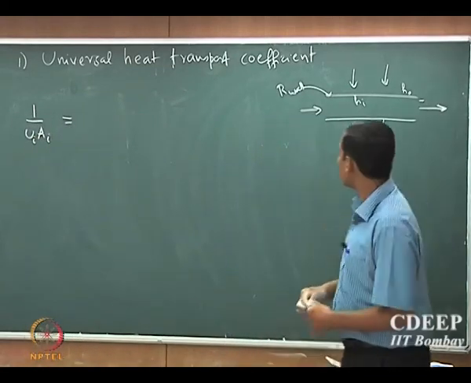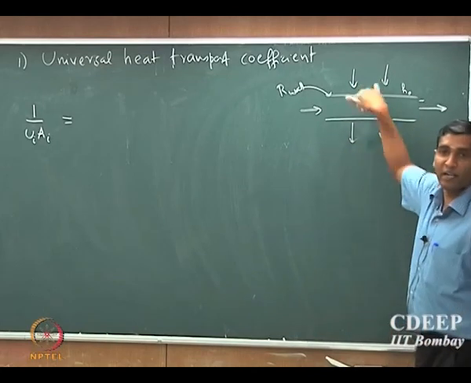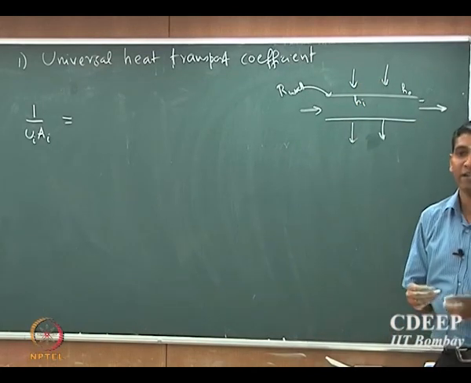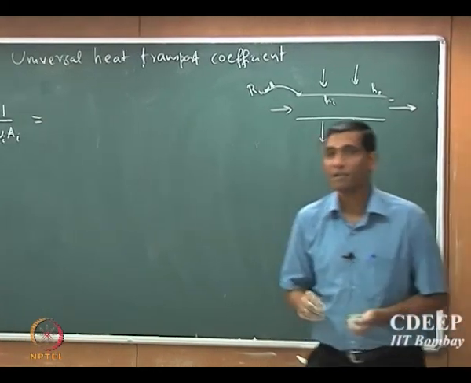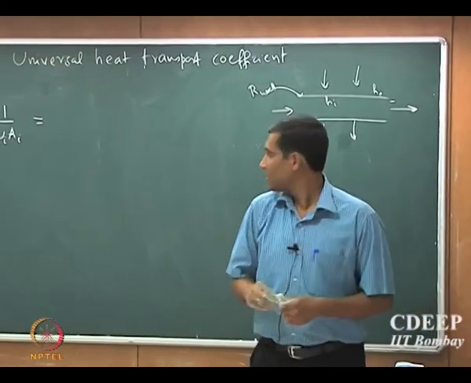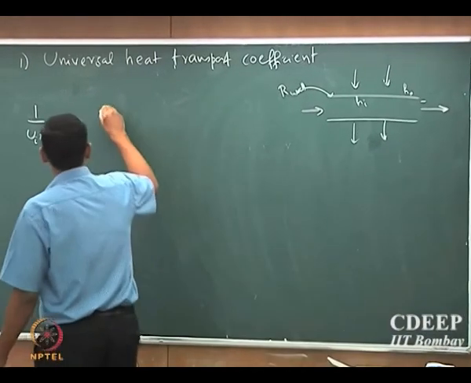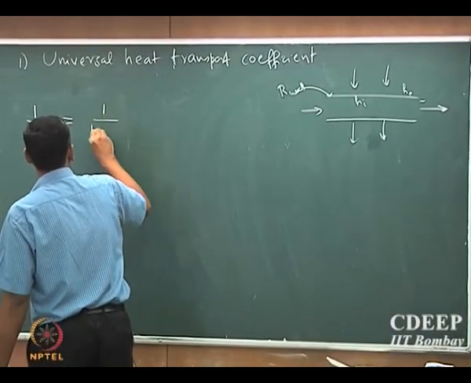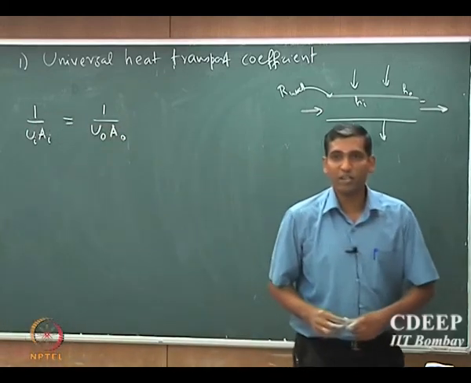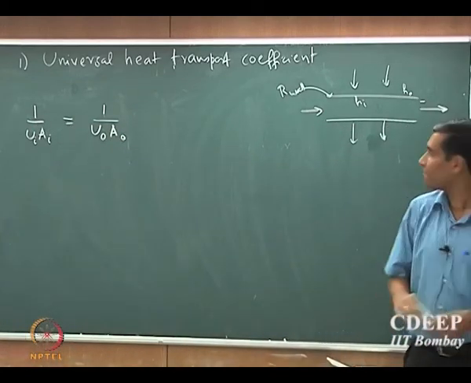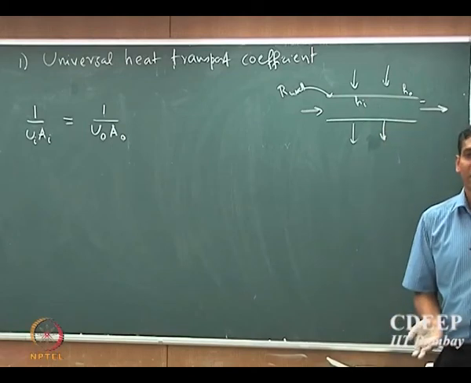how are the inside and the outside universal heat transport coefficients related? Yeah, but that is also equal to 1 by UO times AO, right. So, the universal heat transport coefficient defined based on the outside surface area.